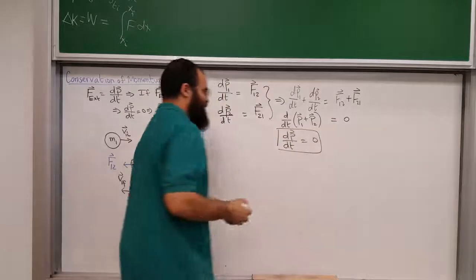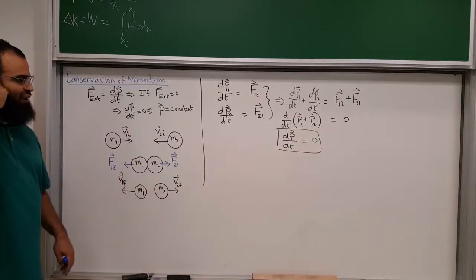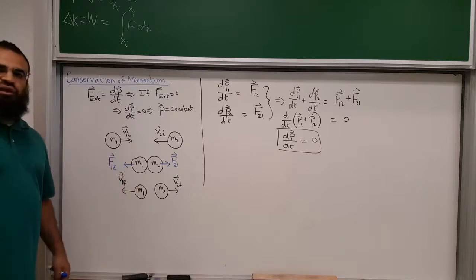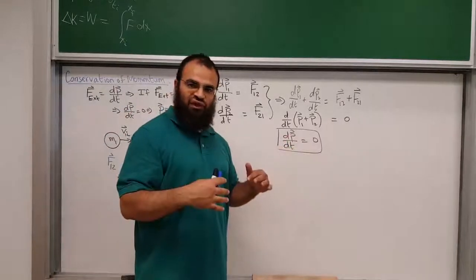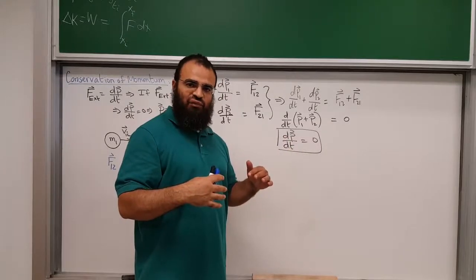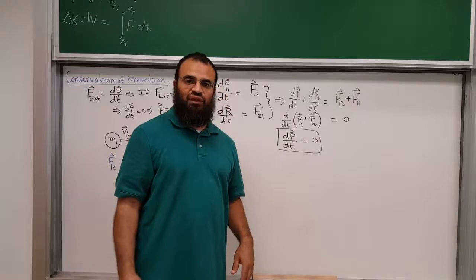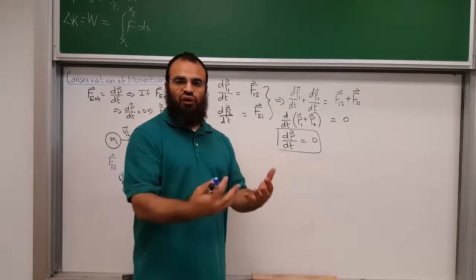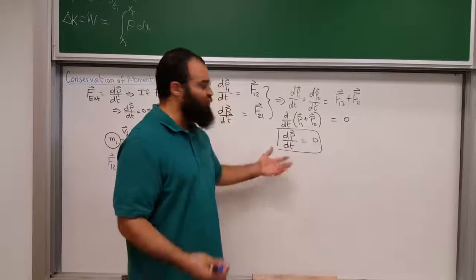What this is saying is that the total momentum of these two objects added together, P1 plus P2, will be conserved, will be constant, meaning the total momentum before the collision will equal the total momentum after the collision, provided that you include all the momentum of all the interacting particles, in this case M1 and M2.